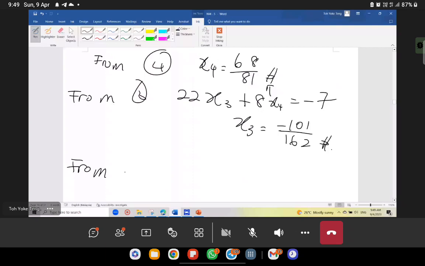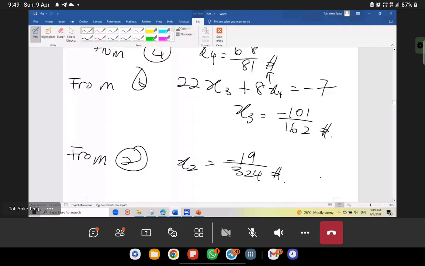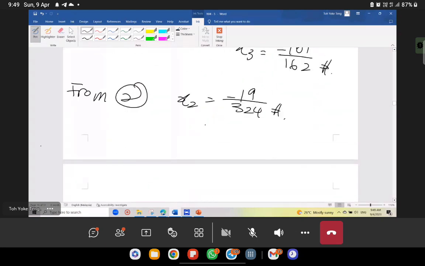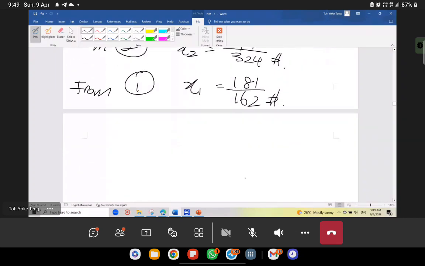And then from the first equation, insert the value of x2 here in order to obtain the value of x1. Okay, once you get all the values here, again, it's up to you whether you want to use the general variable or write x1, x2, x3, x4.